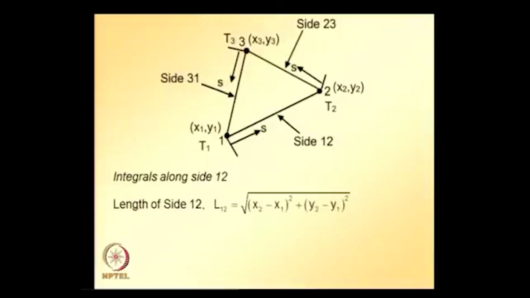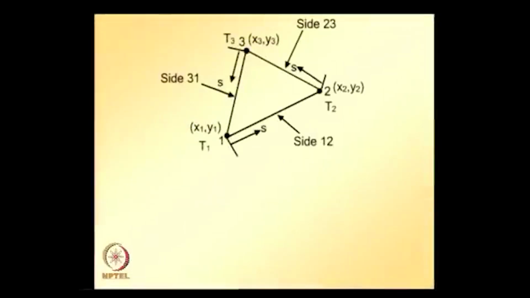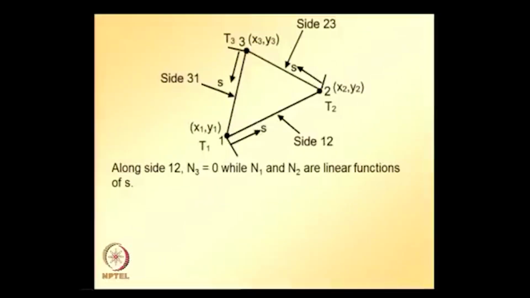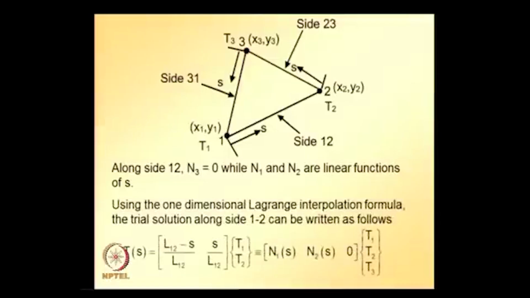Integration along side 1, 2, first we require to find the length of the side, and then k alpha can be written like this, and we require to know which shape functions are going to be non-zero. Along side 1 2, n3 is going to be 0, n1 n2 are linear functions of S local coordinate system.